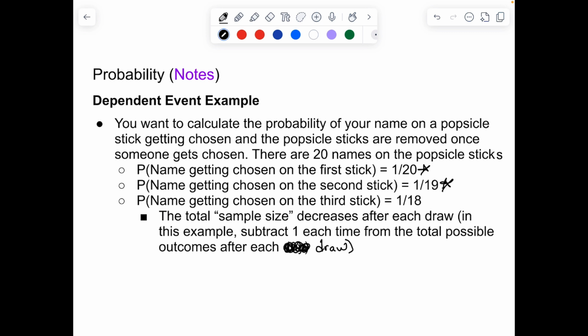If we remove that stick that was chosen on the second draw, and we're calculating what your probability is of getting your name chosen on the third draw, we now have 18 sticks, so your chance of getting chosen if you were not chosen is 1 out of 18. Okay, so note that the total sample size decreases after each draw in this example. So in this example, we are subtracting 1 each time from the total possible outcomes after each draw.